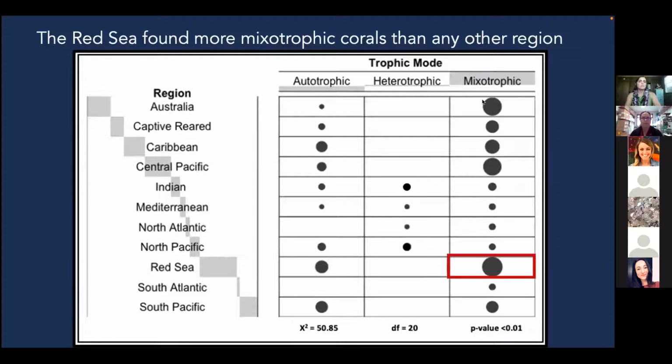Not only are we seeing these areas the most studied, they're more likely to have mixotrophic corals. So that first question looking at trophic differences between coral genera, we were seeing more genera-specific trophic modes, and now we're seeing regional specific differences in trophic modes.